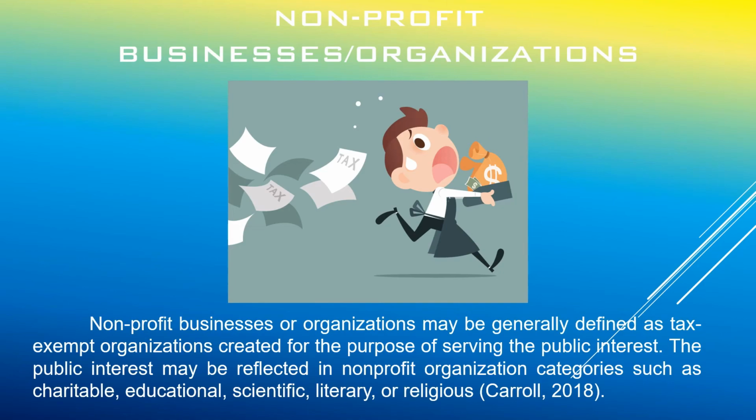Starting a non-profit business is similar to starting a for-profit business, with business structures like limited liability corporations and traditional corporations being common. However, where LLCs are the most popular among startups, corporations are the more traditional business structure for non-profits.